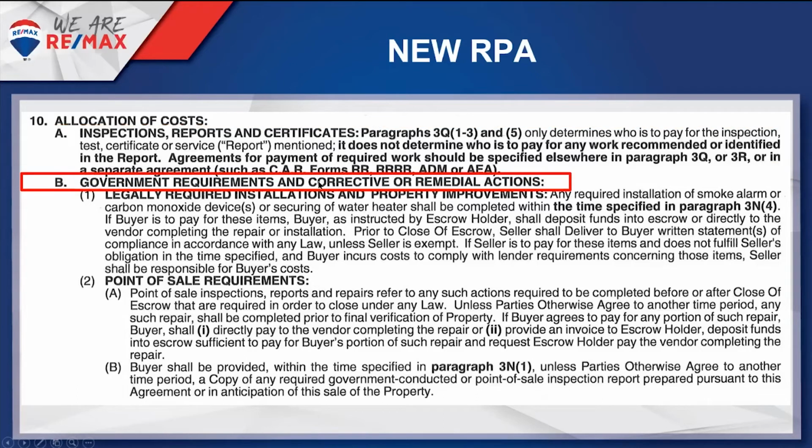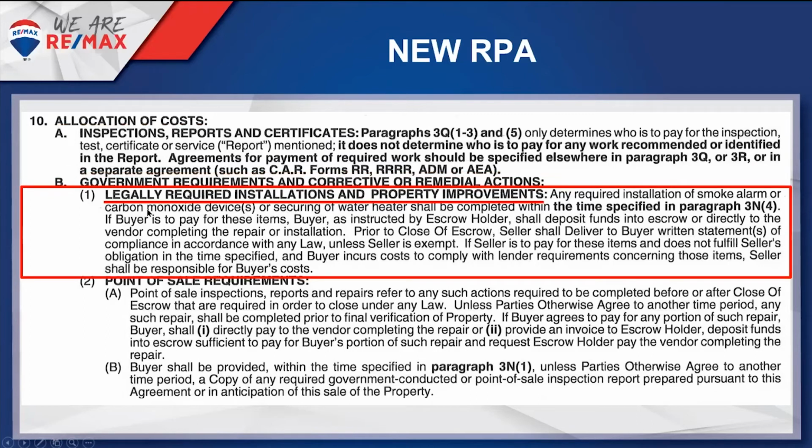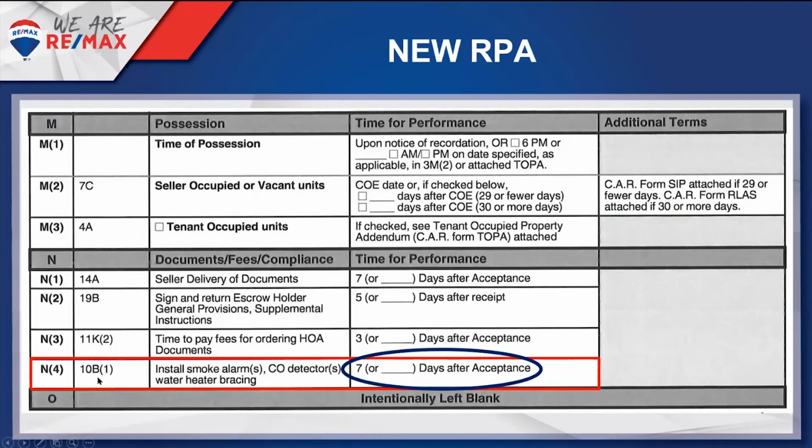All right. Government required requirements and corrective remedial action, legally required installations and property improvements. There's a requirement for smoke alarms and carbon monoxide detectors and water heater strapping, and that's required to be completed within 7 days of acceptance by contract.